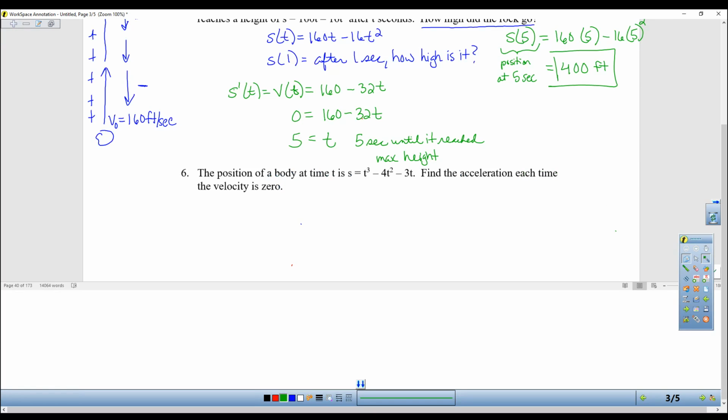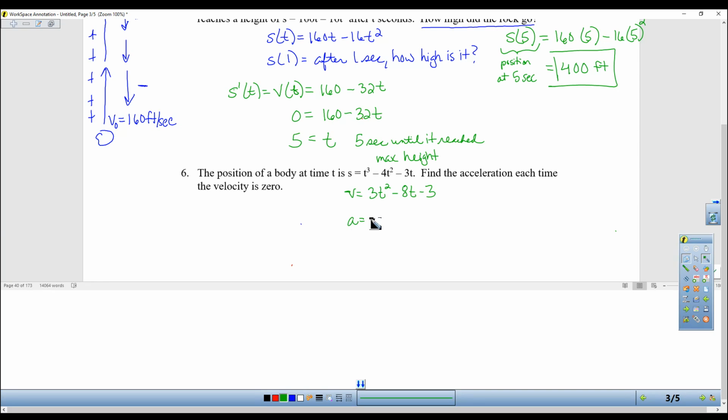All right, let's do number 6. The position of a body at time t is s is equal to t cubed minus 4t squared minus 3t. Find the acceleration each time the velocity is 0. So sometimes even before I read the question, I just write all 3 equations. Velocity is 3t squared minus 8t minus 3.